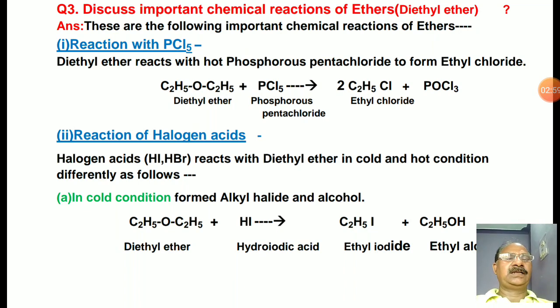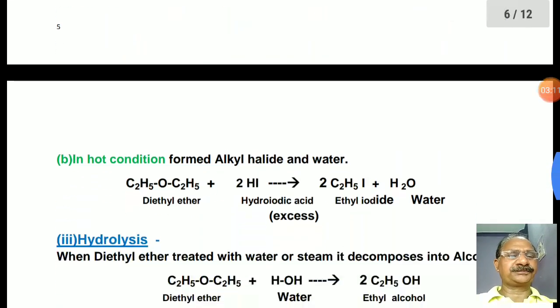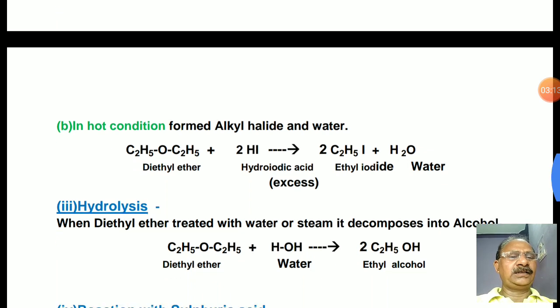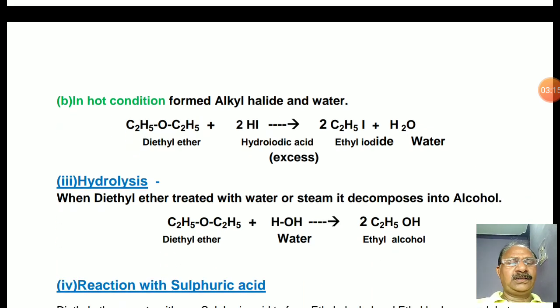Halogen acids like HI, HBr react with ether in cold and hot conditions differently. In cold condition it forms ethyl iodide, but in hot condition it forms ethyl iodide, 2 molecules.